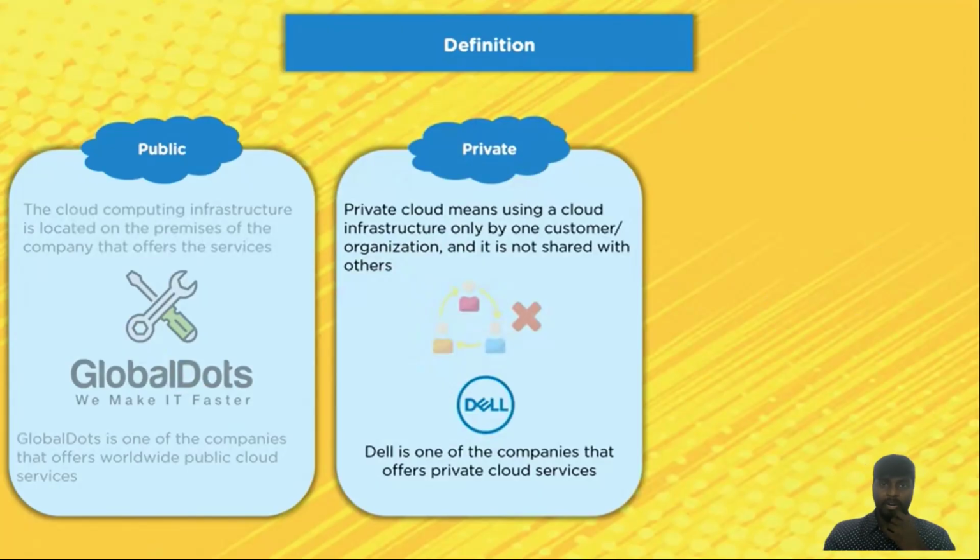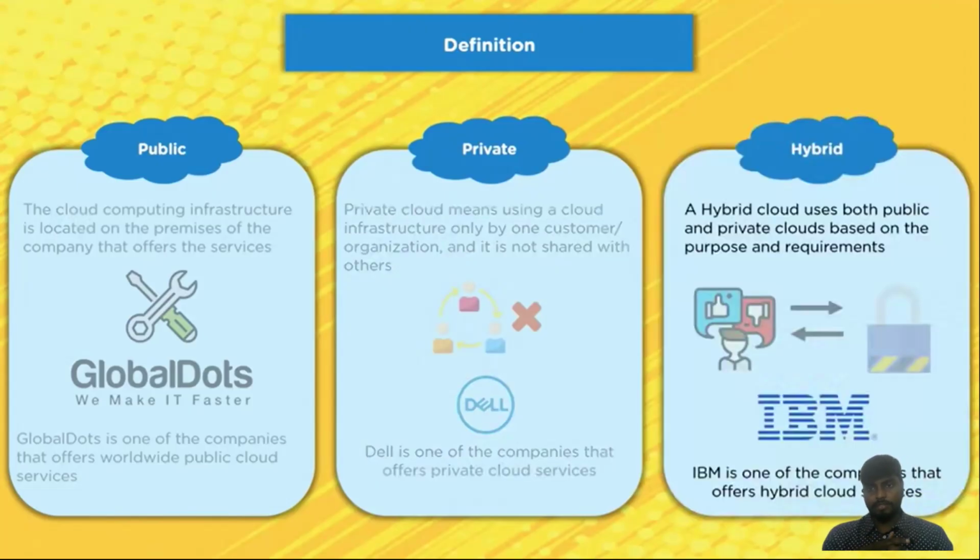As we know, Dell is one of the laptop brands. It has a chip manufacturing company. It's a big MNC. Dell is one of the companies that offers private cloud services. The next one is the hybrid cloud services. The hybrid cloud services are provided by one of the famous MNCs, IBM. It offers the hybrid cloud services.